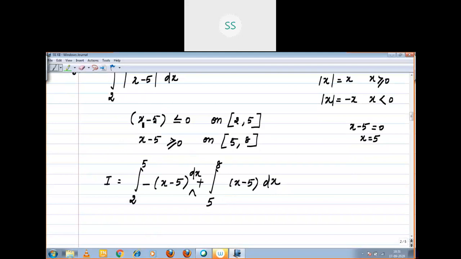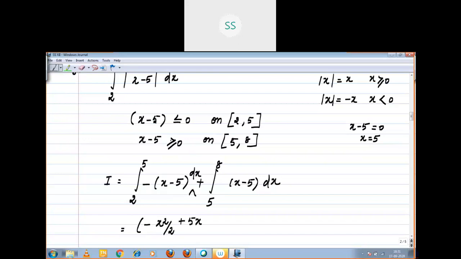Did you understand what I wrote? Using the breaking point, I divide the limit into 2. Using that, I decide up to which point the function is negative, and after that how it is positive, right?